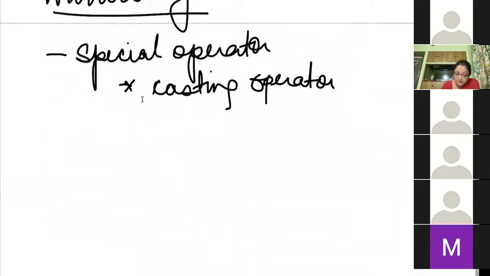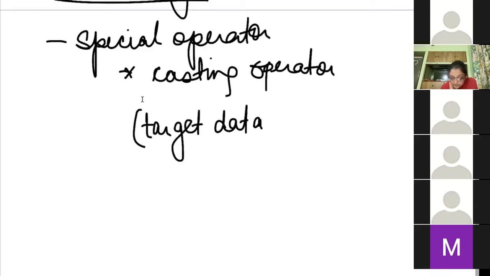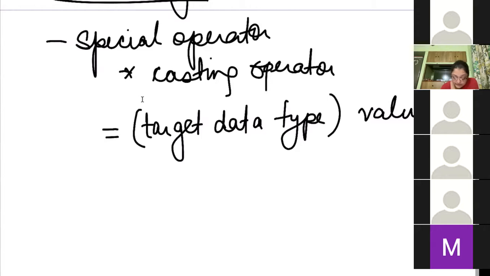What this casting operator does is that you usually write it like this: the target data type in parentheses, and then the source variable.